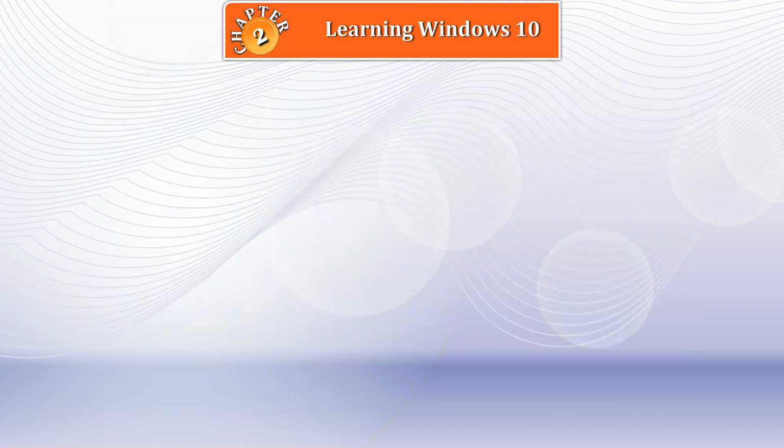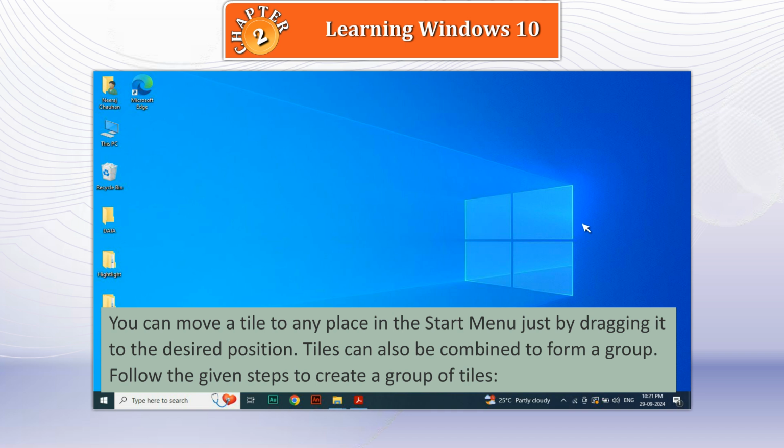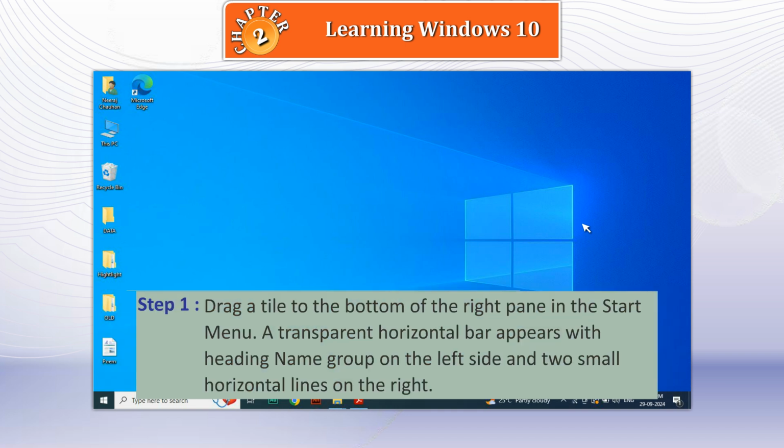Moving and grouping. You can also move a tile to any place in the Start menu just by dragging it to the desired position. Tiles can also be combined to form a group. Follow the given steps to create a group of tiles. Step 1. Drag a tile to the bottom of the right pane in the Start menu.